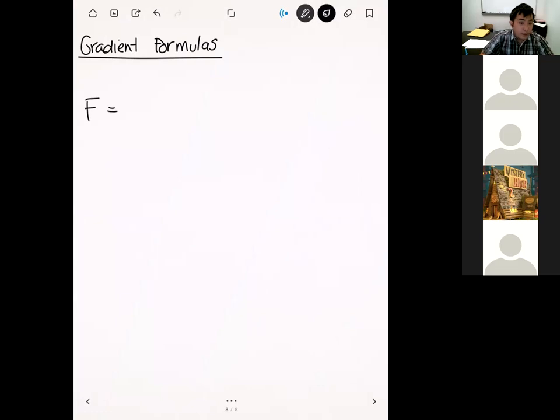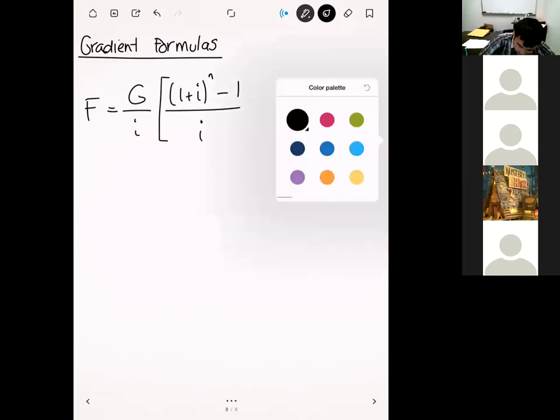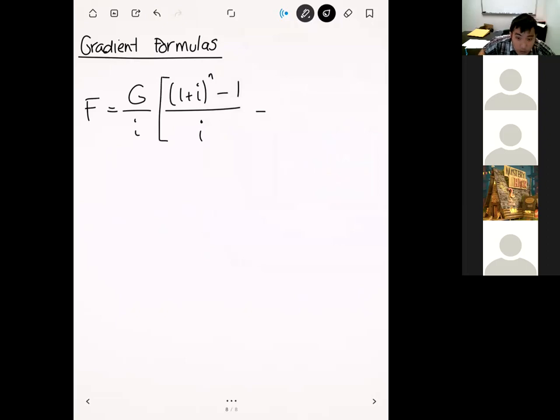Let's first get our formula for converting between F and G. We say that F is equal to G divided by i times the quantity (1 plus i) raised to the n power minus 1, divided by i, minus n. I can't even read my own notes. Minus n, yes.